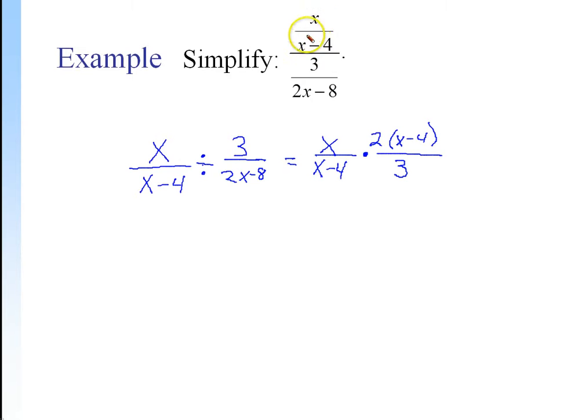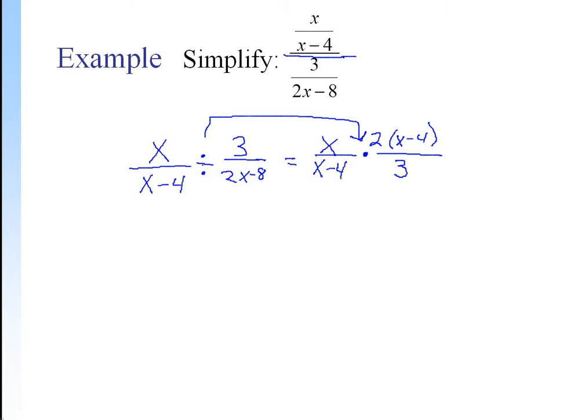So notice this is sort of a simple fraction up here and a simple fraction there. And this division bar can be written this way. So this is actually a division of fractions problem that we said we always convert to multiplication, take the reciprocal of this side, and I saw here I could factor out a 2, which is what I did.